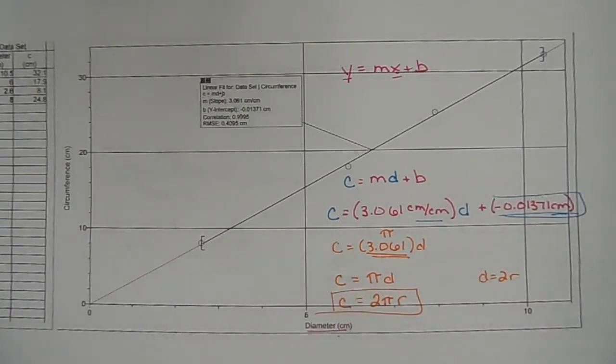So a lot of times you see it written like that. So that's where this equation comes from. Somebody went out and measured the diameter and circumference of a whole bunch of circles, found this relationship, and wrote this equation. So this is what we're going to do with a lot of our relationships. Every time we do a lab, we're going to derive those equations from the relationship between our two variables.